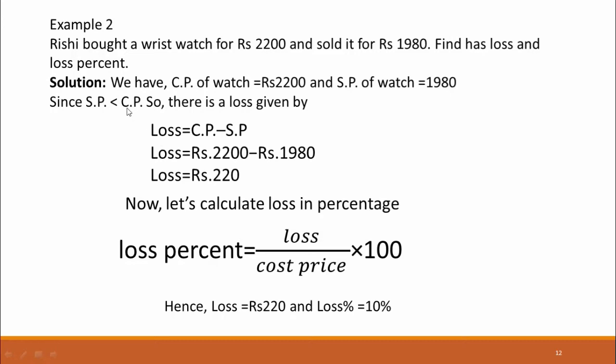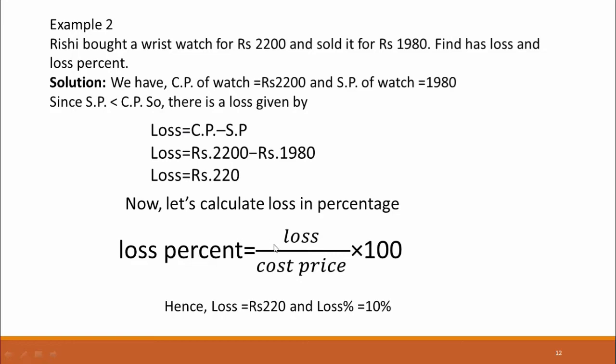But if the cost price is less than the selling price, then we definitely gain. So in this example, the selling price is less than the cost price, so there is a loss, and loss is given by the formula cost price minus selling price. Putting the values of cost price and selling price, we obtain the loss 220.